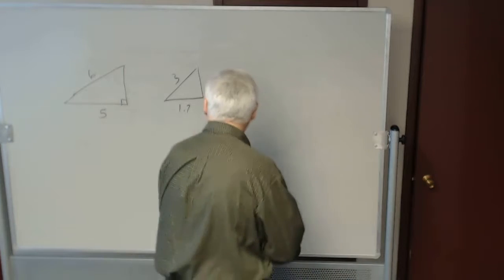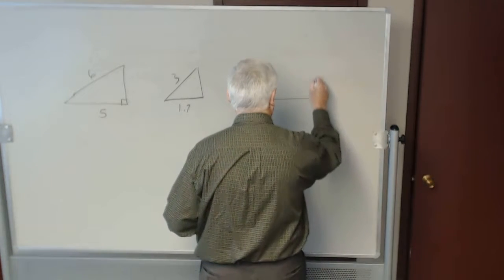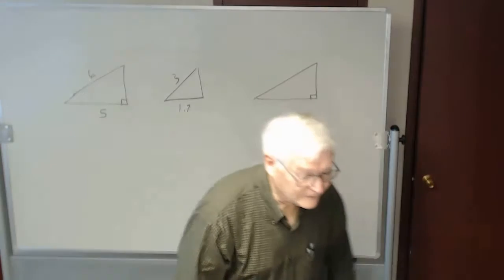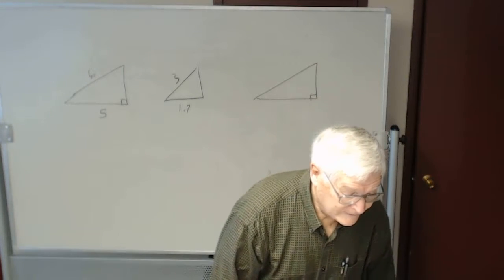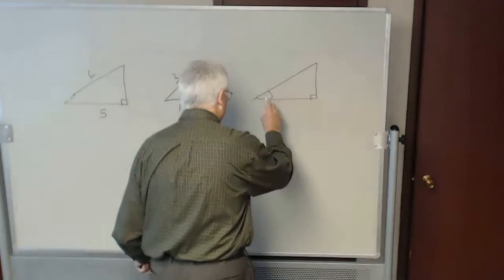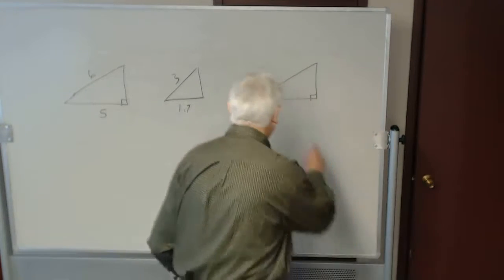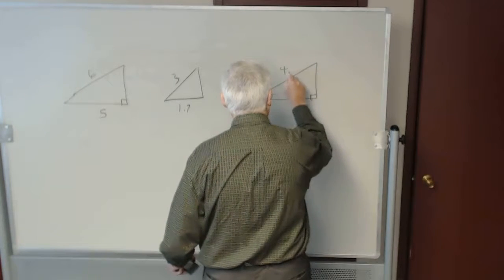Now I'm going to turn this one around so it's easier to compare them. Put the right angle there, and that means this angle has a little mark in it. And this is 4, and this is 4.8.